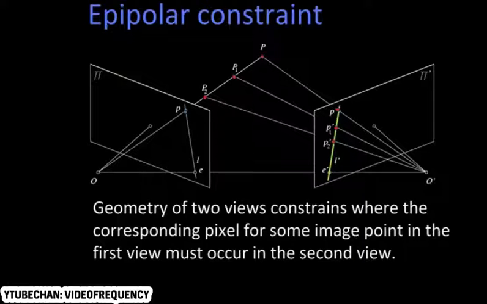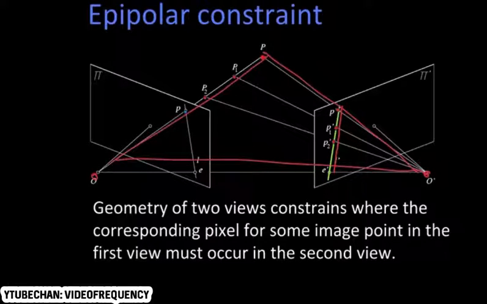That line is called the epipolar line. This line is carved out by the plane that contains both image centers and the actual point, or just this ray. That plane intersecting the image plane, and the intersection of two planes is a line, that's the epipolar line.